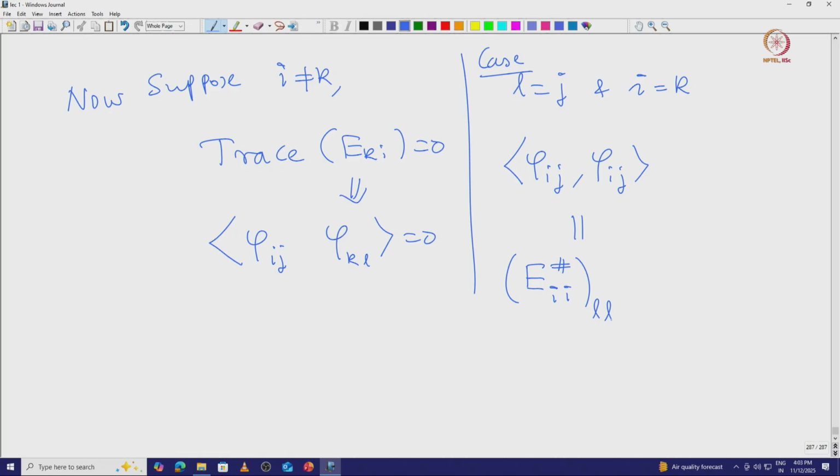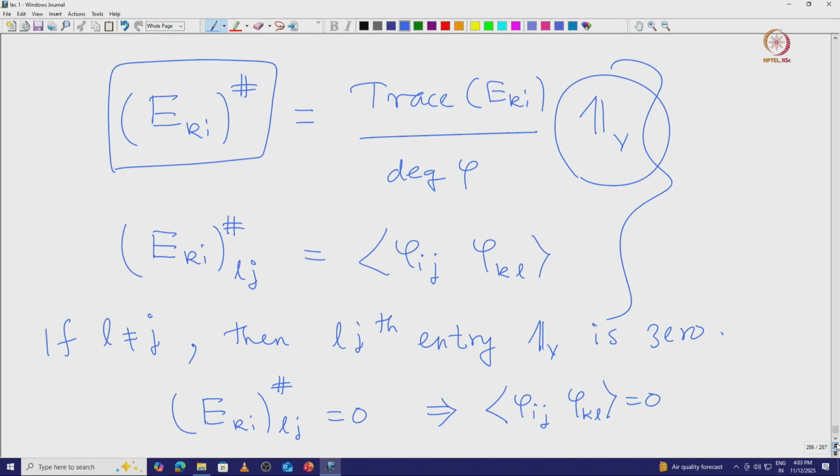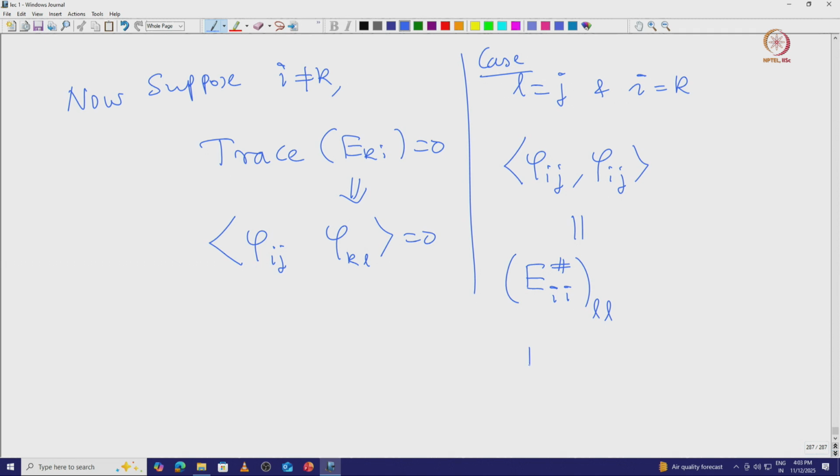So, we are looking at the llth entry here. This is exactly equal to the trace of E_ii divided by the degree of the representation times the llth entry of the identity matrix, which is exactly 1.